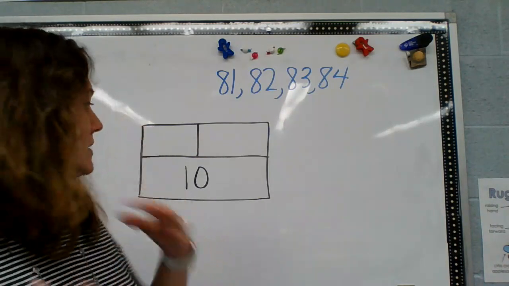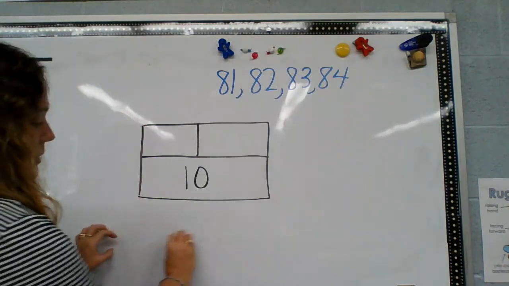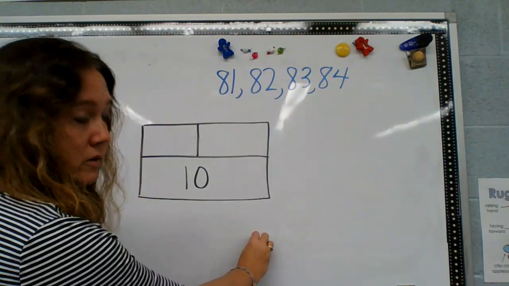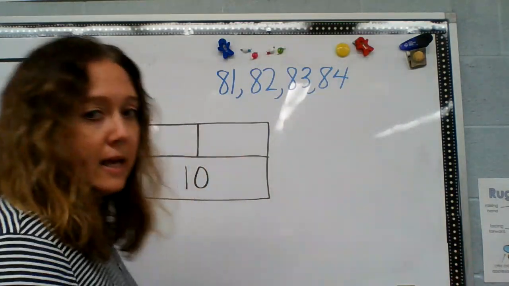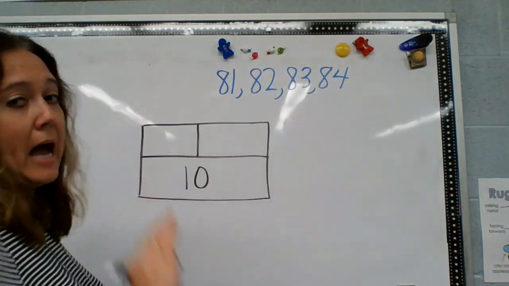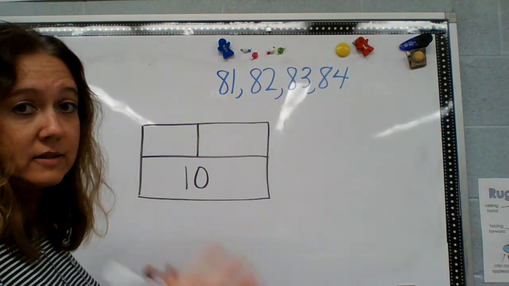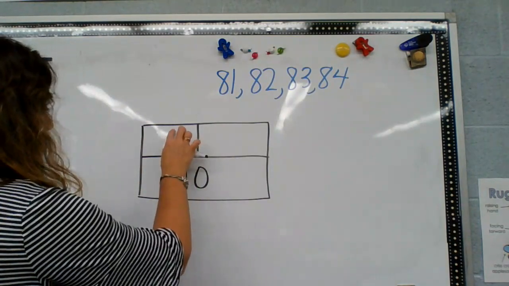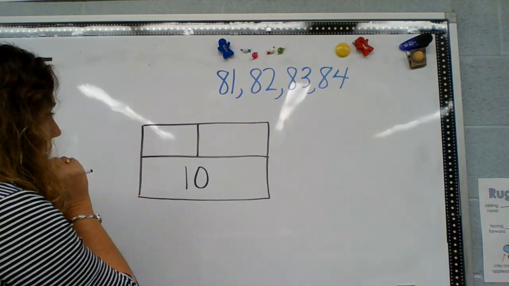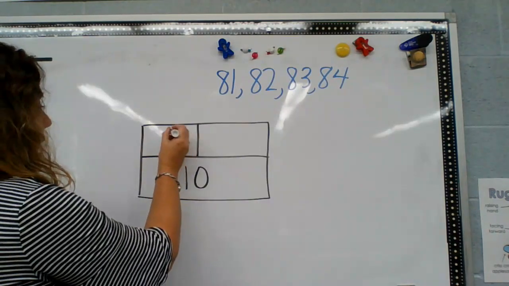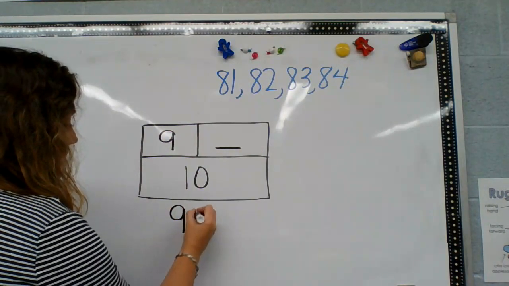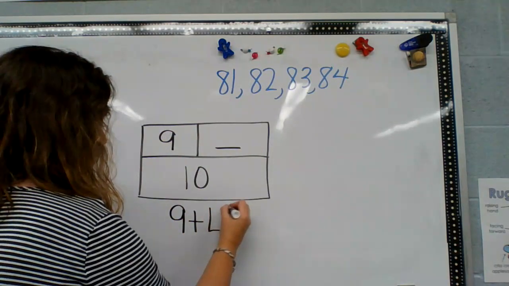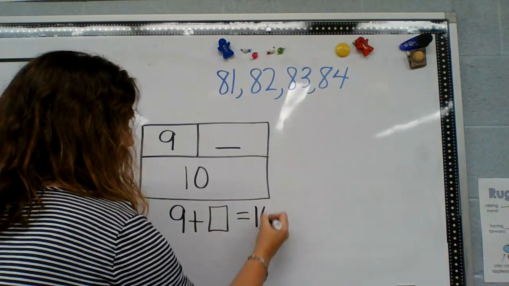Again, if you had cereal, you could get out 10 pieces of cereal, okay, and then take part of it away, whatever part we know, however many are left, that's your answer. This time we're going to pretend that we know 9. So our problem is 9 plus blank equals 10.